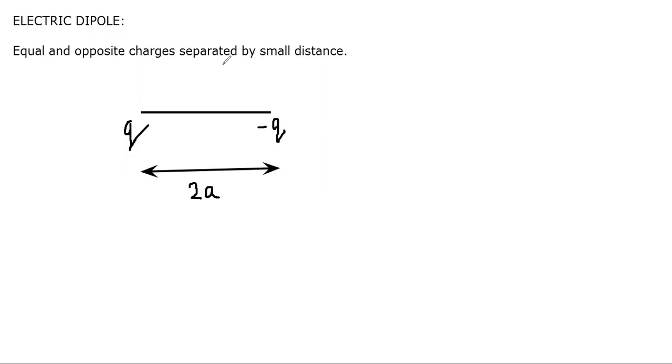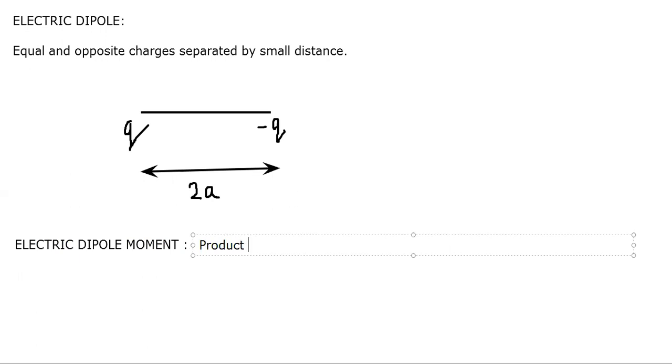Fine. The next term that is associated with electric dipole is electric dipole moment. Electric dipole moment is just the product of either charge of the dipole and its dipole length.